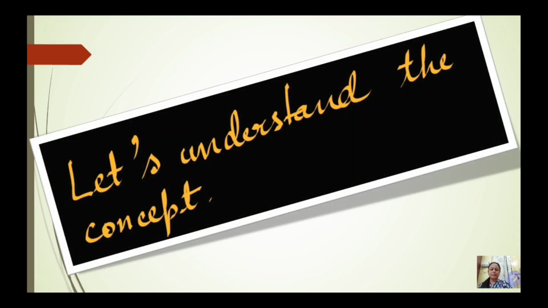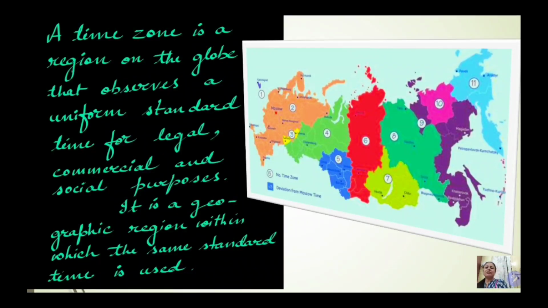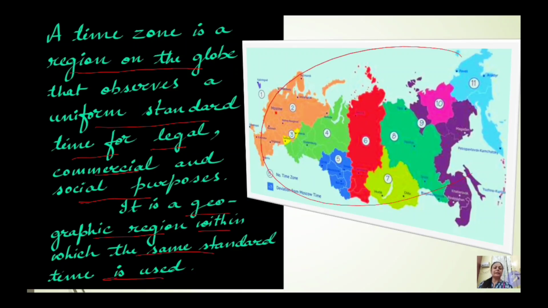So let's understand more about the concept of time zone. A time zone is a region on the globe that observes uniform standard time for legal, commercial and social purposes. It is a geographic region within which the same standard time is followed. So students, here we can see 11 time zones.